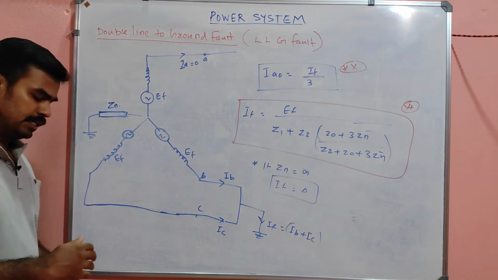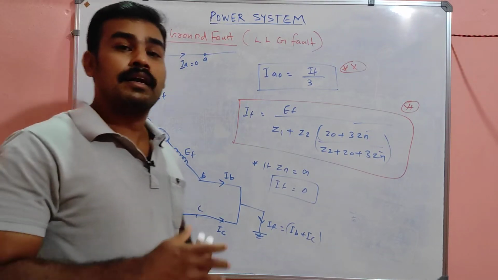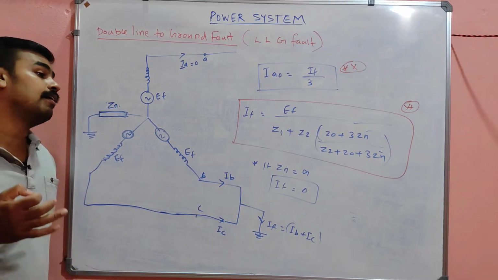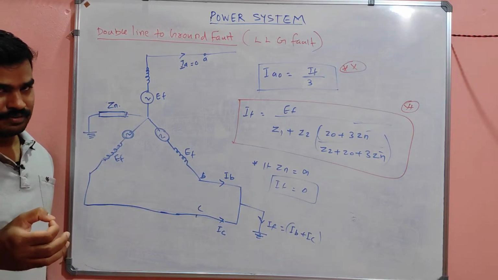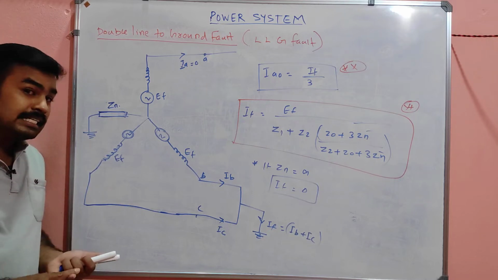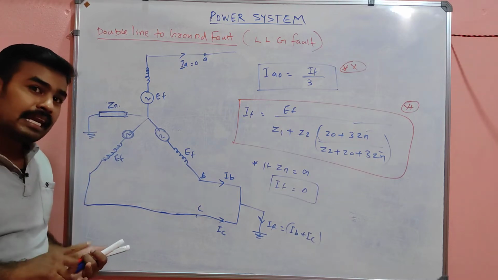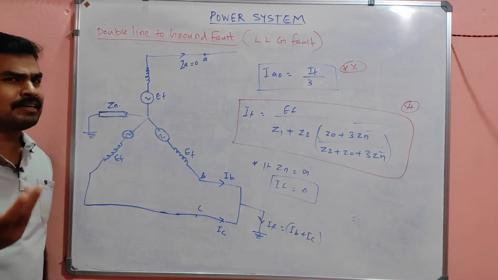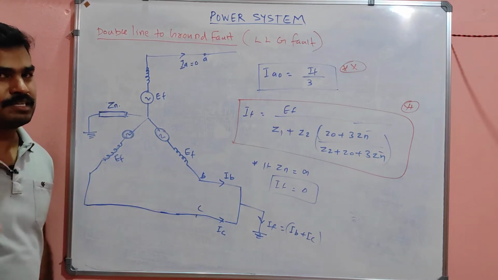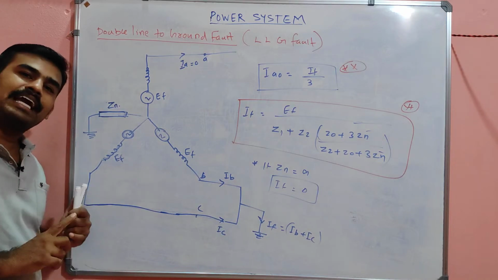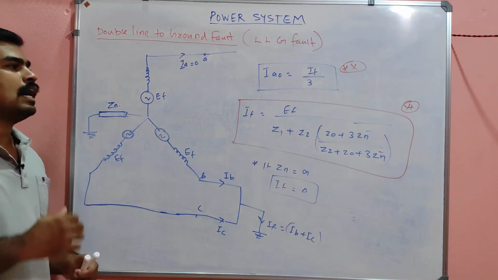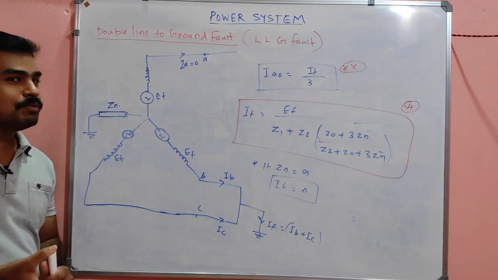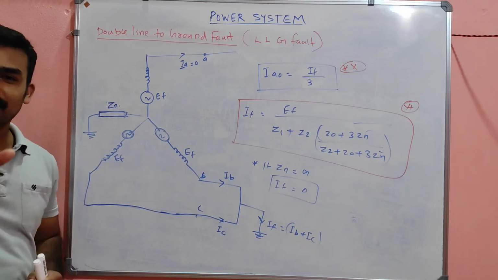Whenever there is a ground connection to the fault, as I already told you in the line to ground fault, that is LG and now LLG, and one more, LLLG, the symmetrical fault, because now we are dealing with unsymmetrical faults. So for LG or LLG, of course, for a ground connection there will be a zero sequence component of current.